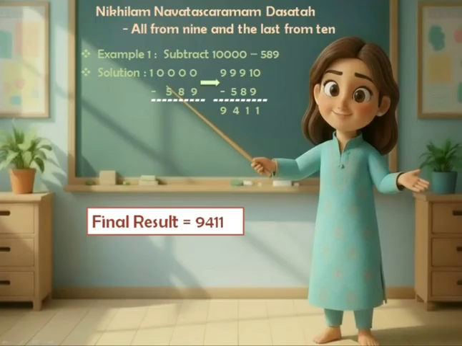Subtract each digit. 9 minus 5 is 4, 9 minus 8 is 1, 10 minus 9 is 1. And since there is no digit here, we consider it as 0, so it is 9. So our final result is 9,411. That's much faster than the conventional method.